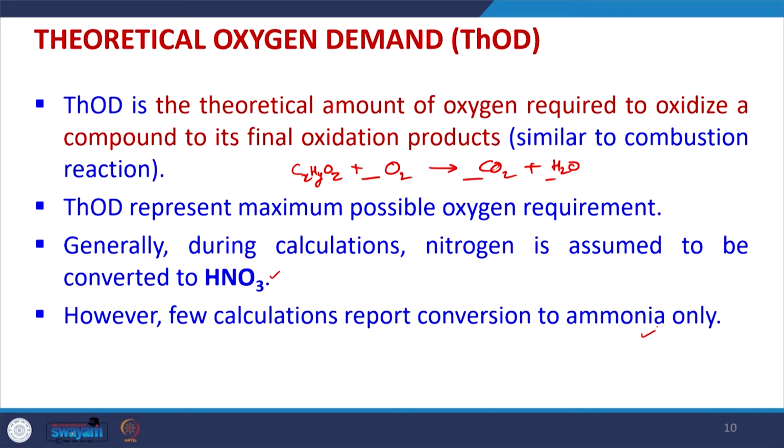In the second step, ammonia gets converted into HNO3. So, this difference is there. Whenever we report theoretical oxygen demand, we should clearly state whether we performed the calculation up to HNO3 or up to ammonia only, but generally HNO3 is preferred and more commonly reported.